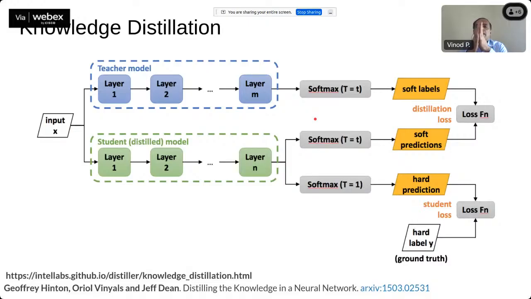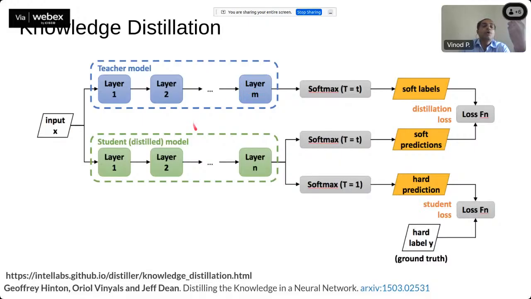To summarize knowledge distillation in very simple language, we have a larger model, which is called the teacher model, and from this larger model the objective is to create a small model, which is called the student model. When I say larger model, the number of layers in the teacher model will be larger and the parameters are more.